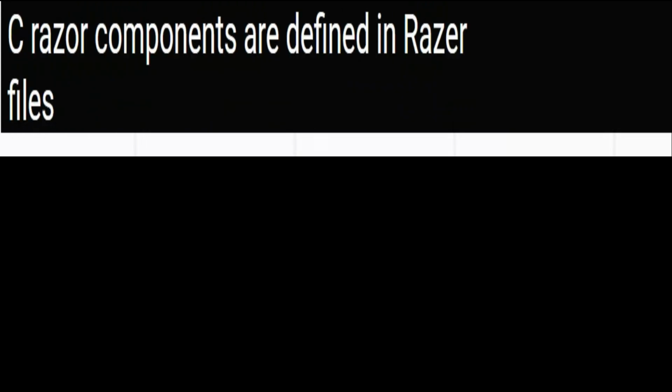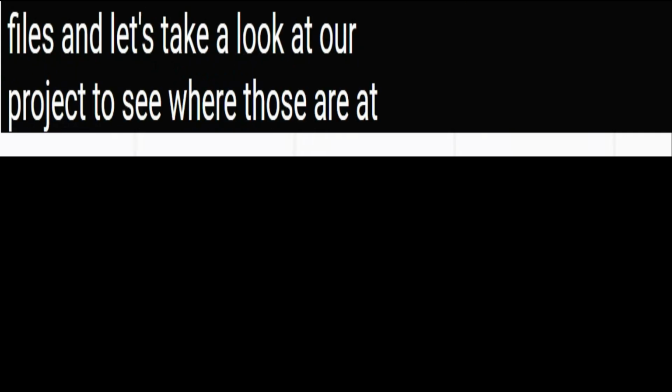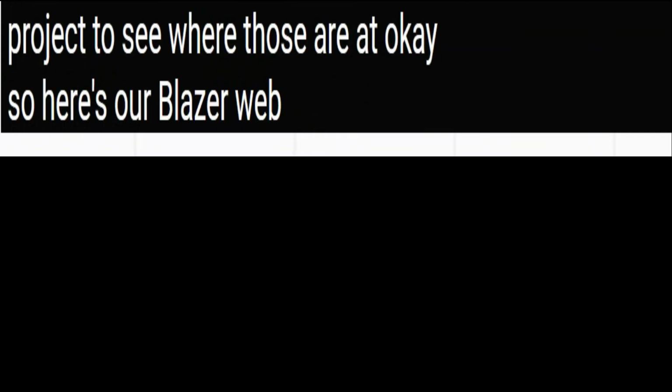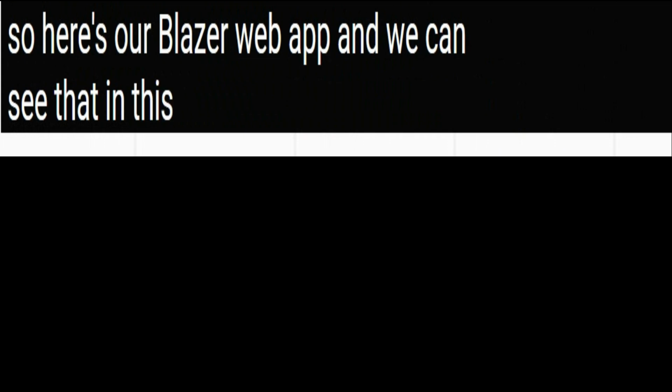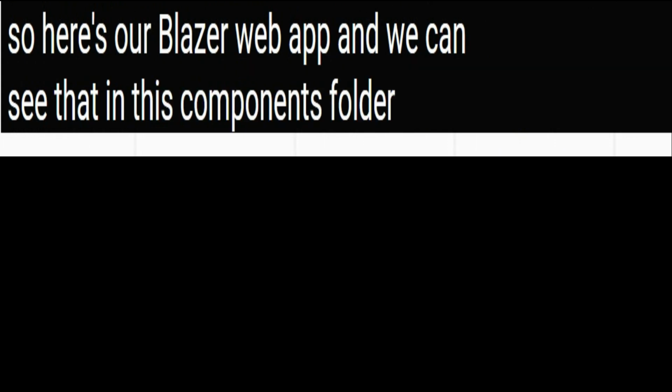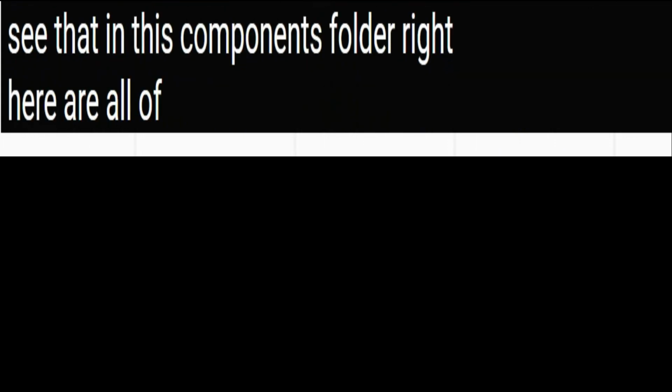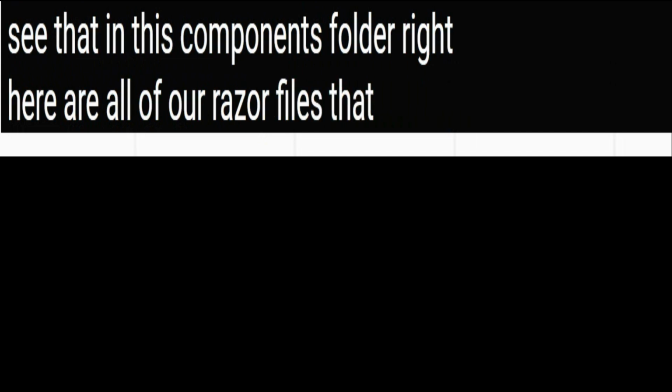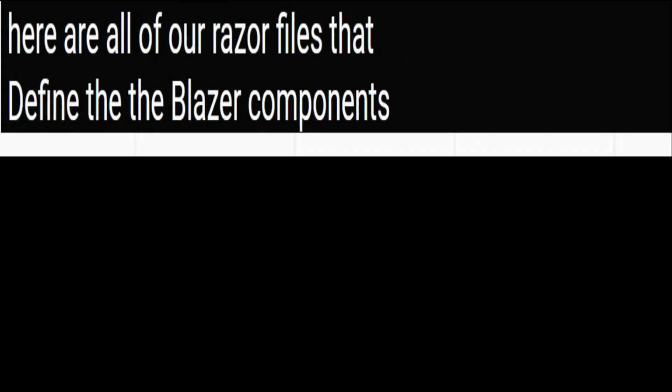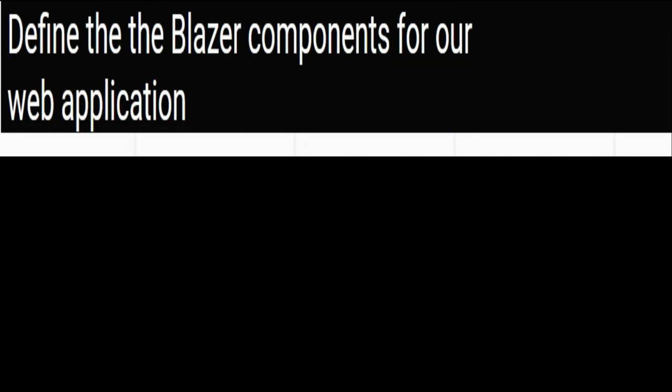Razor components are defined in .razor files, and let's take a look at our project to see where those are at. Okay, so here's our Blazor web app, and we can see that in this components folder right here are all of our Razor files that define the Blazor components for our web application.